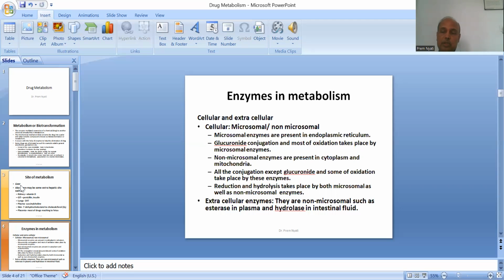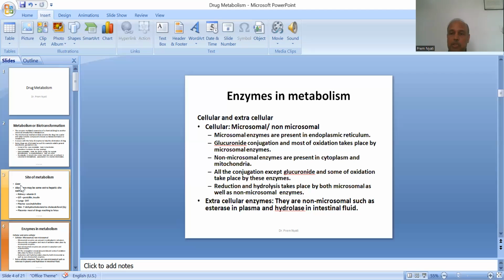The enzymes in the metabolism could be cellular or extracellular. Cellular enzymes are microsomal or non-microsomal. Microsomal enzymes are present in the endoplasmic reticulum. Glucuronide conjugation and most of the oxidation take place by microsomal enzymes.